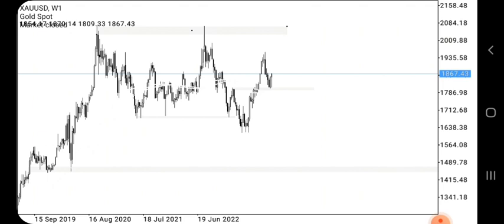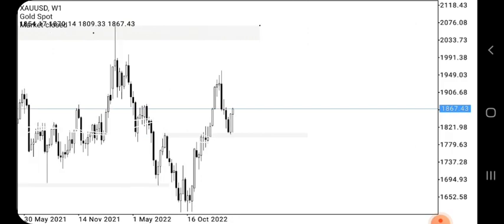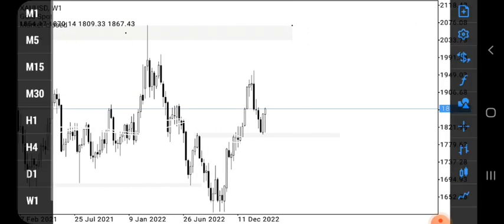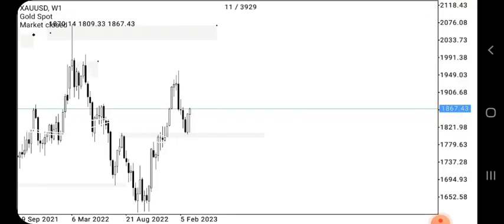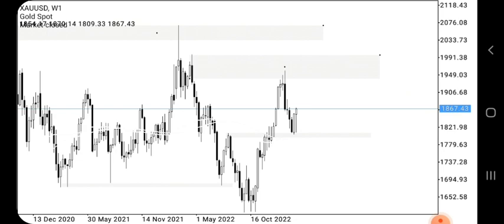Now I'm looking forward to seeing the market coming into this second one, which is this one here. So I'm expecting to see the market reaching that supply, and you can see the market did come into that supply.